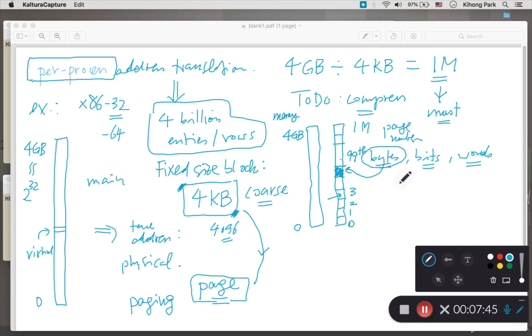But each page has 512 bytes. So in this case, step 1 is to find out in which page this specific byte lives. And then we have to determine within this page, so within a page, where is the byte?